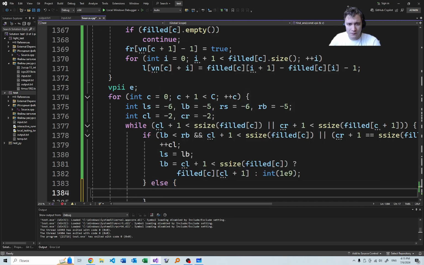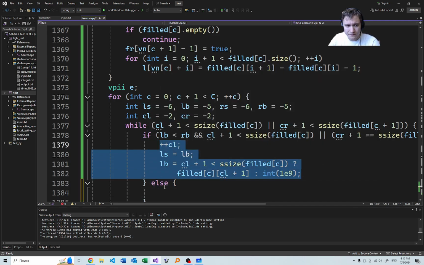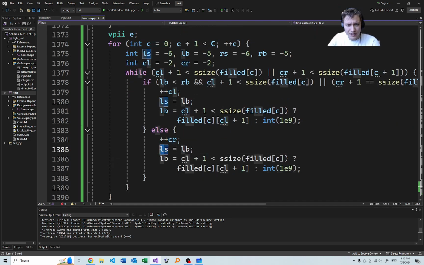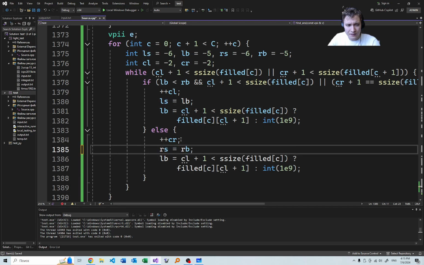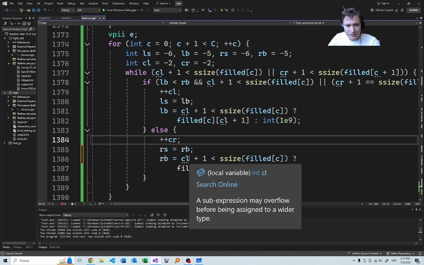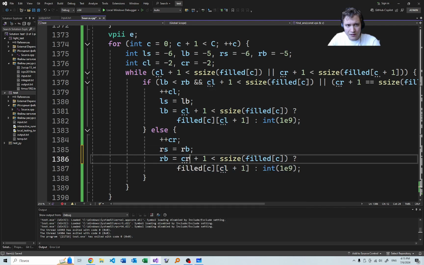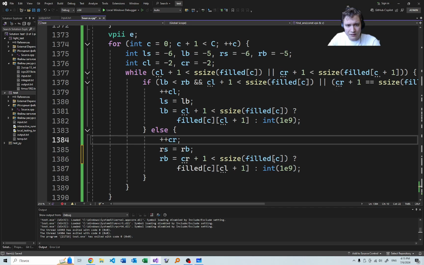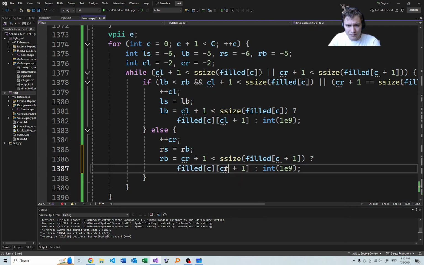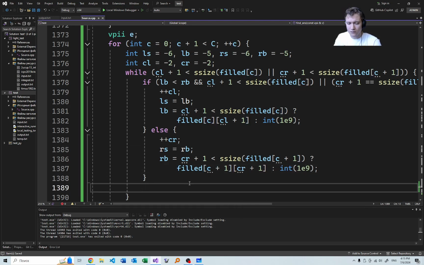Otherwise, we want the same thing here. Plus plus CR. Right small is right big. Right big is current right, this. Yes.